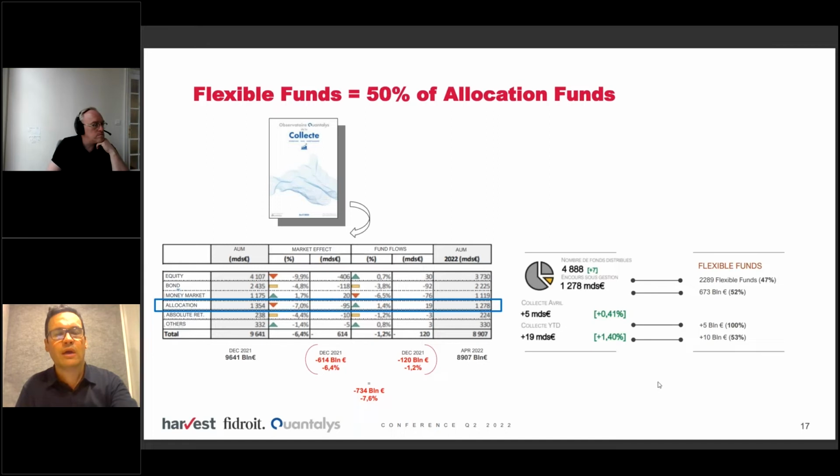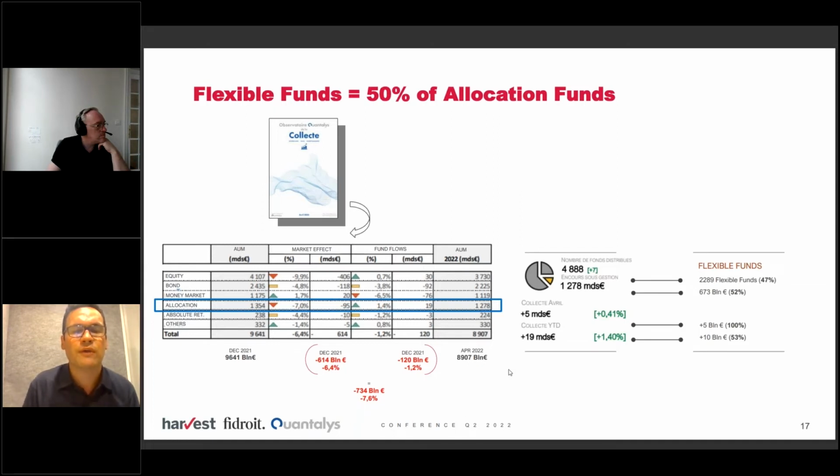Because on the left in the chart, you have the assets under management of the European industry, 10 trillion at the end of last year, 2021. And on the extreme right, the assets under management at the end of April 2022. And you see this big impact first on the market.